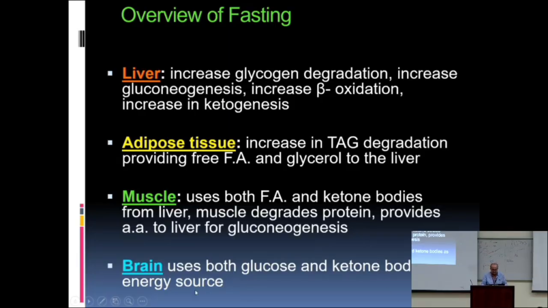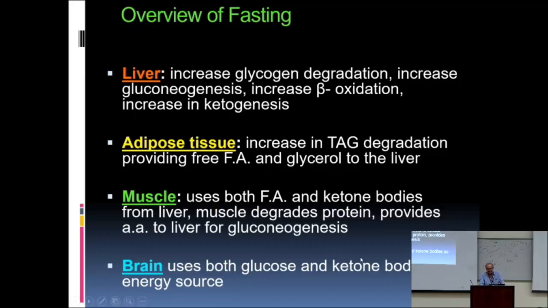Okay? The brain is really dependent on the liver for its glucose, because the liver is producing the glucose as well as ketone bodies. Both of them are produced by the liver in fasting. However, ketone bodies in the brain are only picked up after a prolonged fast, not in the first, say, few hours or days.